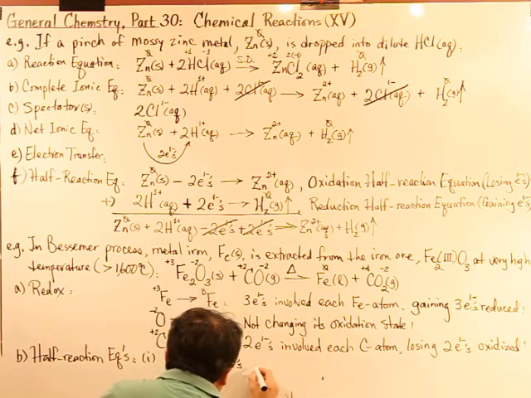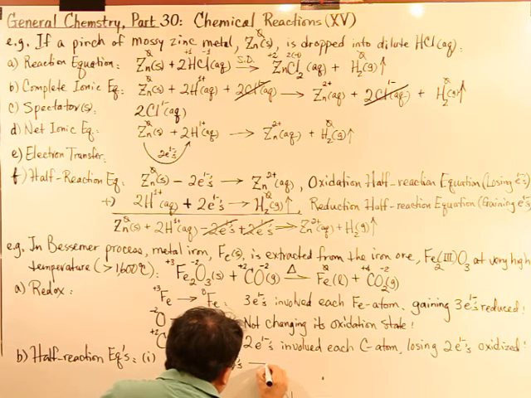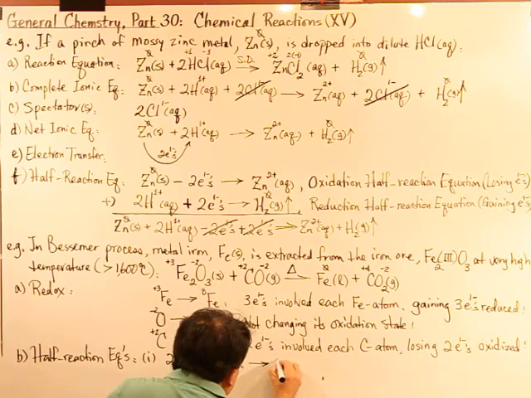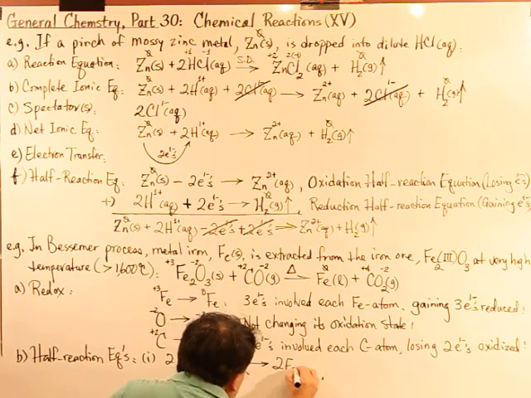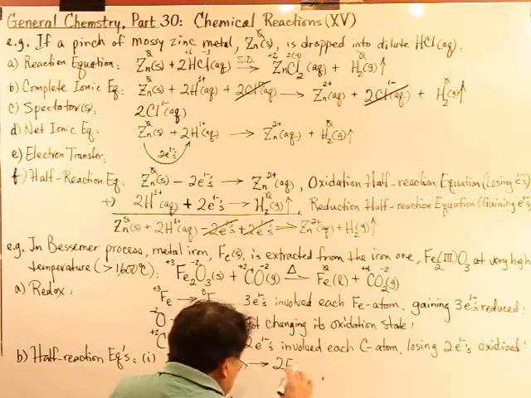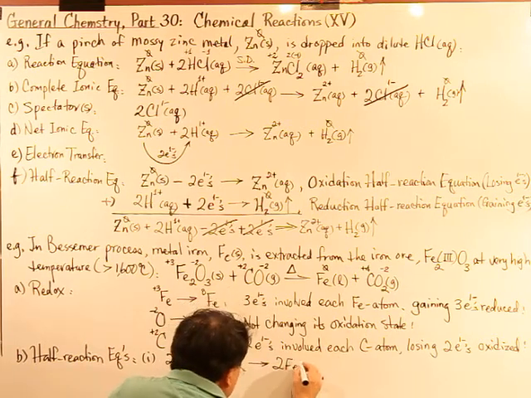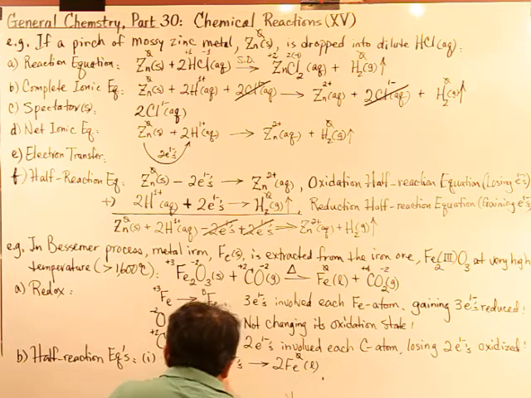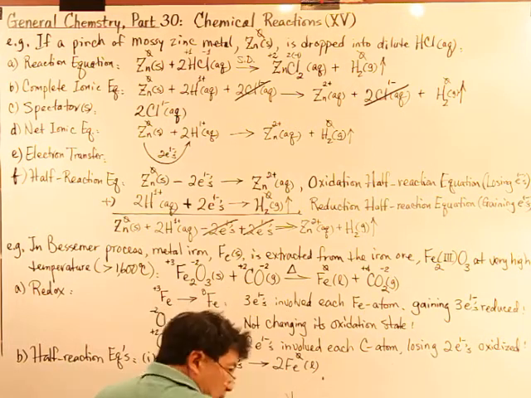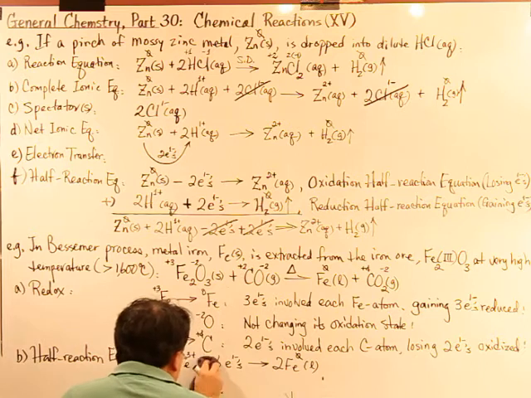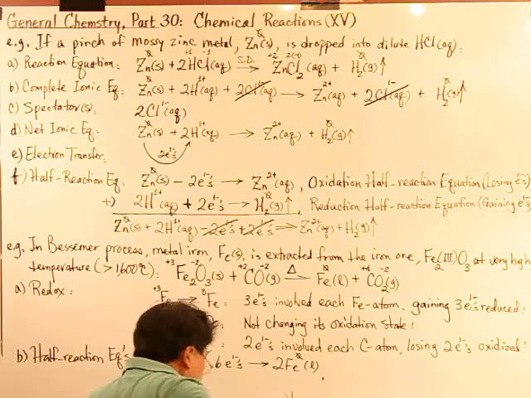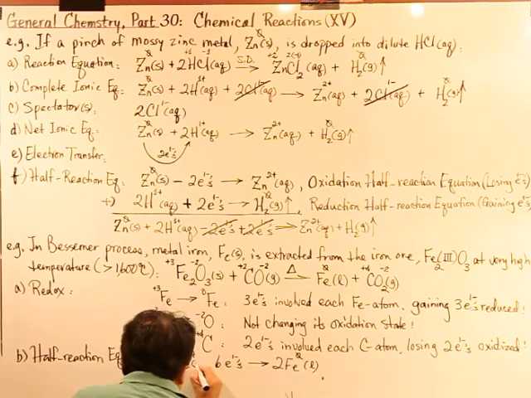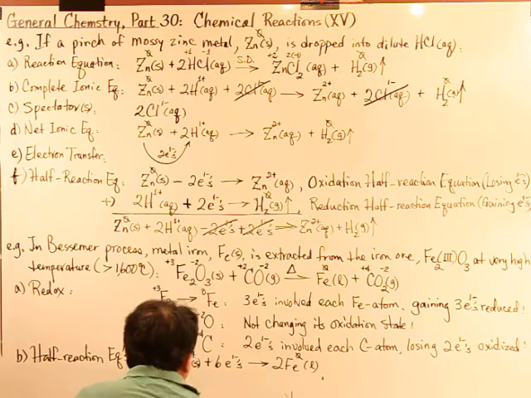You get 2 neutral iron atoms at 0, as liquid. Here it is solid, where you start the process. That's the first one.